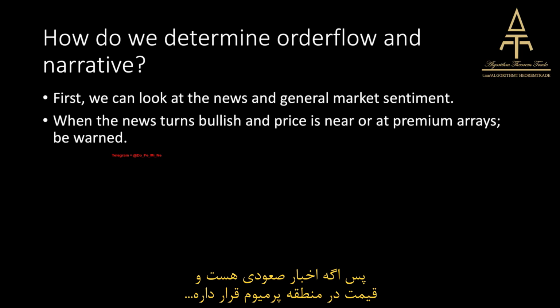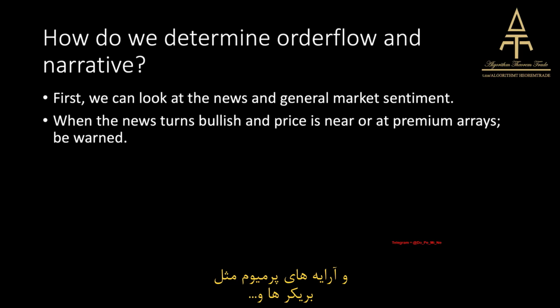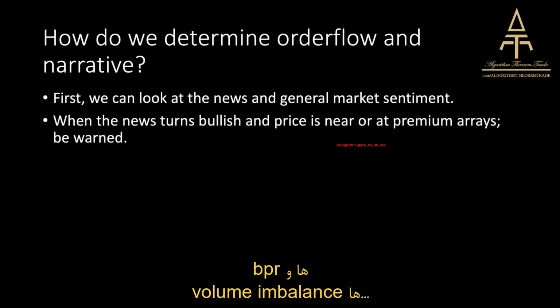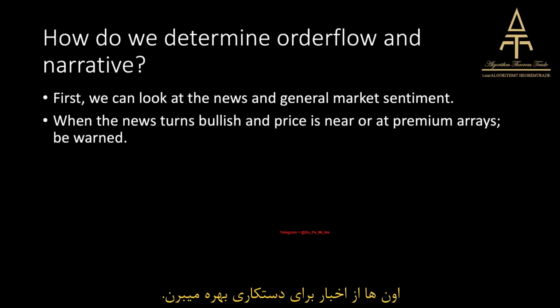So when the news turns bullish and price is near or at premium arrays, being premium breakers, premium mitigation blocks, premium inefficiencies, premium balanced price ranges, premium volume imbalance, etc., premium liquidity pools, we should be warned, because we know that they use that news for manipulation purposes.